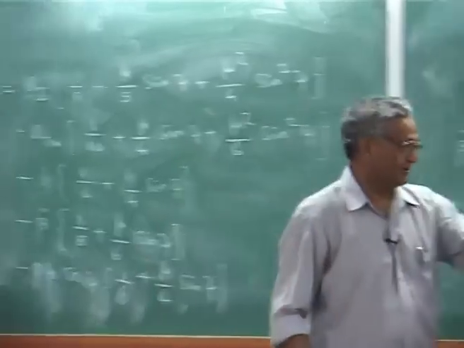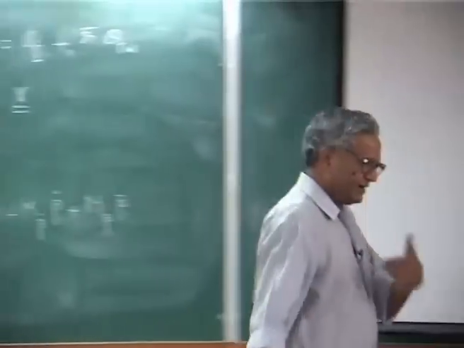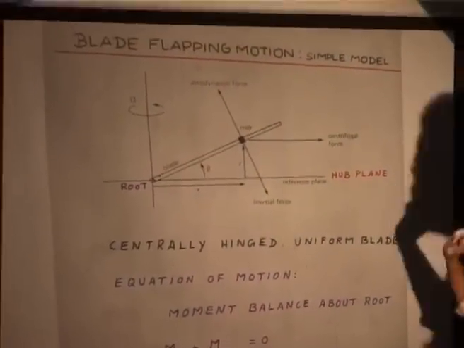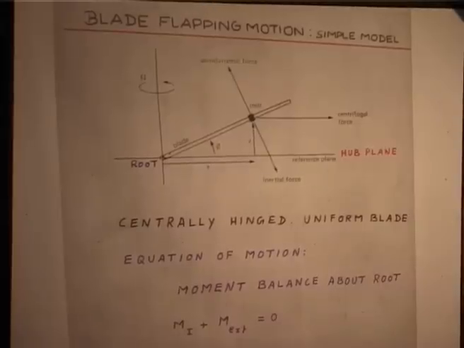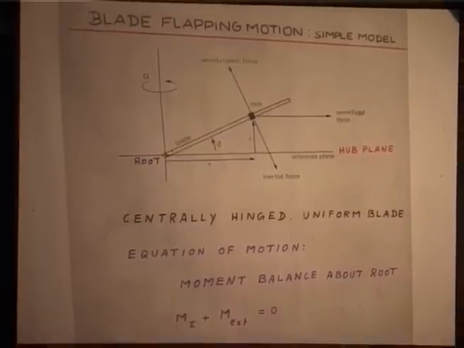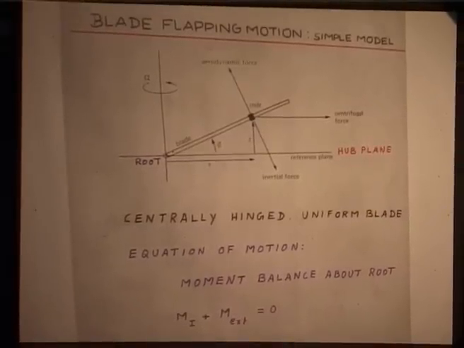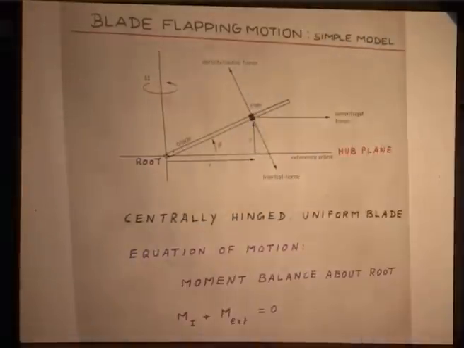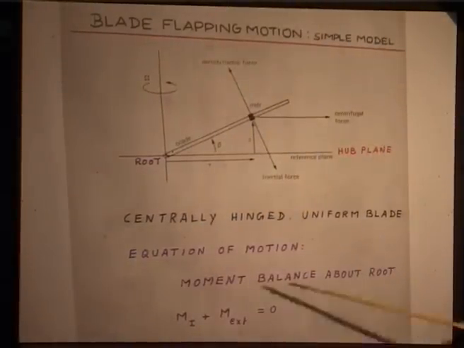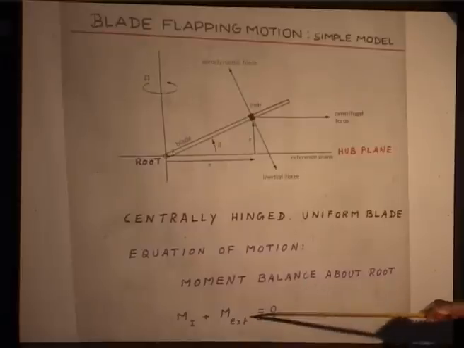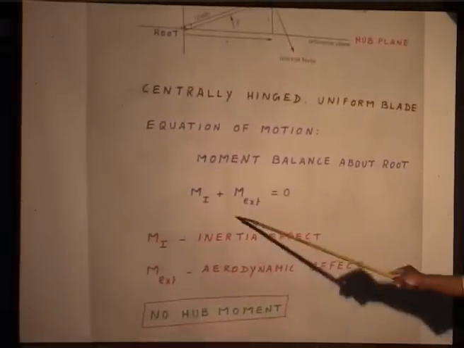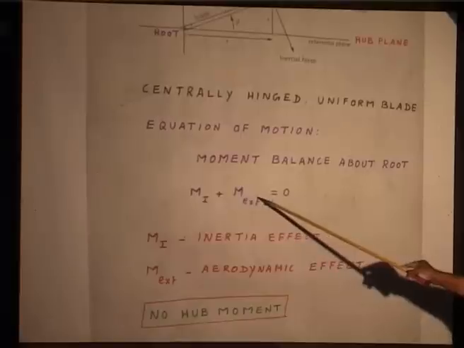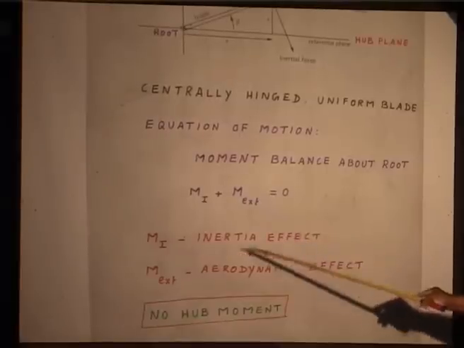So now I will go and then show. You don't have to worry, I will give you the equation. This is the model. Whatever I have derived, I am just showing it, because I will get back to the final equation. Then we will start discussing the equation. Because of the uniform blade, I integrate the equation of motion, the moment balance about the root, and I get inertia effect, external aerodynamic.